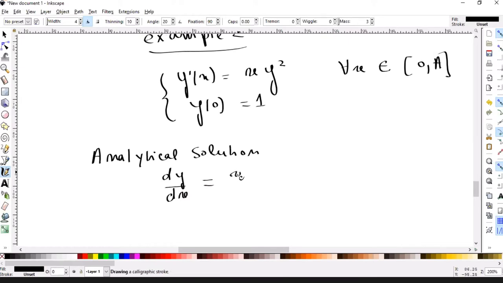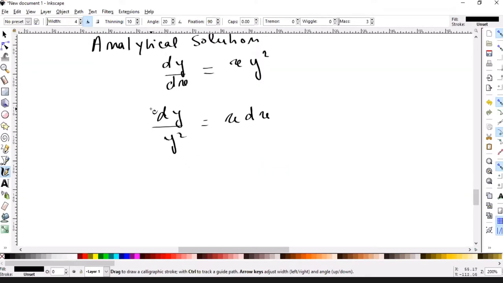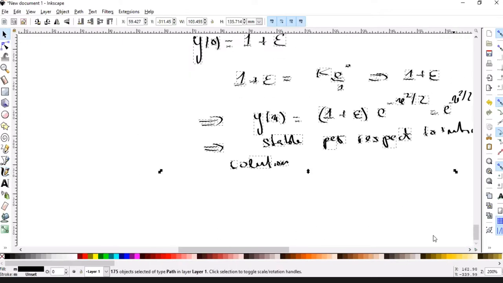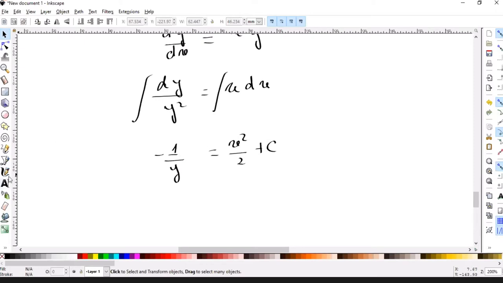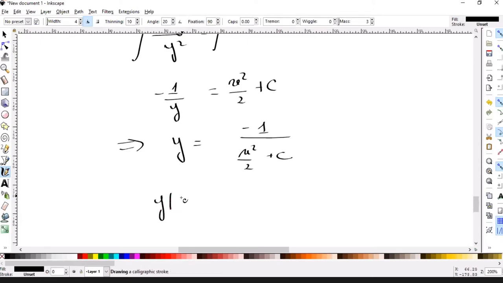It's a separable equation. So when you integrate this, you get minus 1 over y is equal to x squared over 2 plus some constant, which means that y is minus 1 over x squared over 2 plus c.